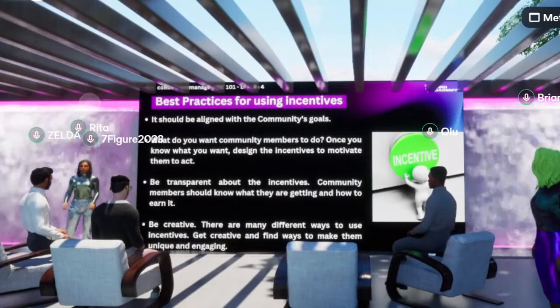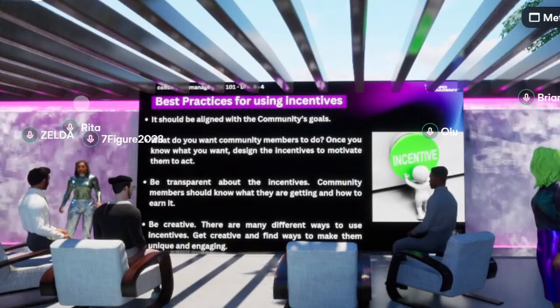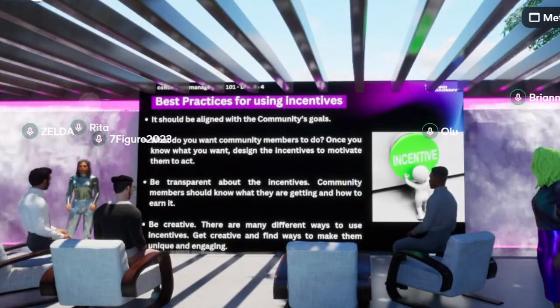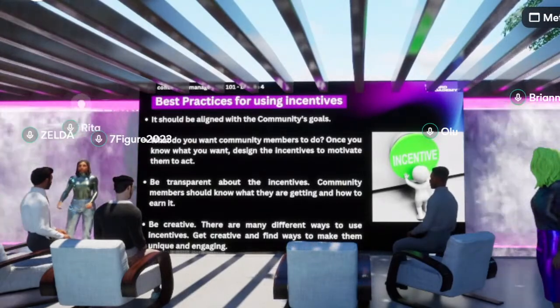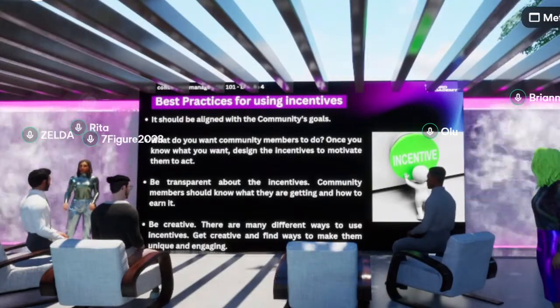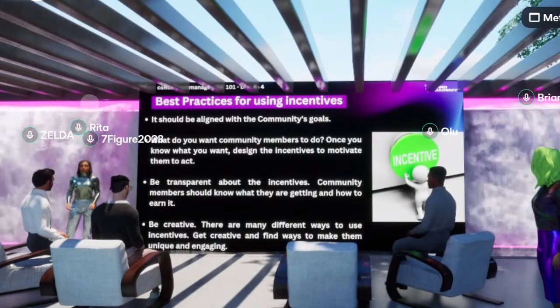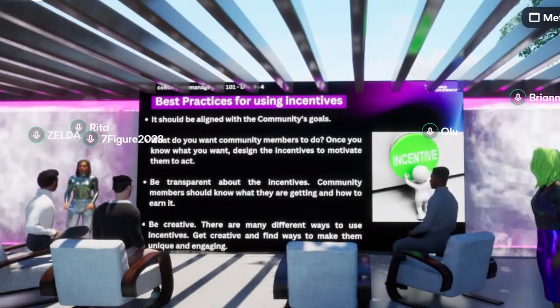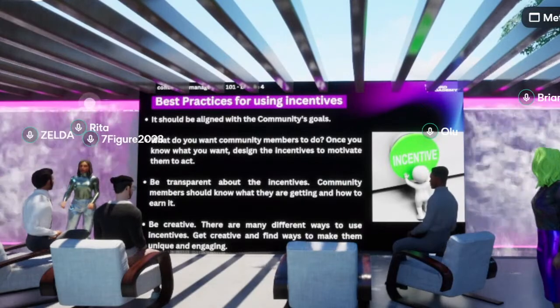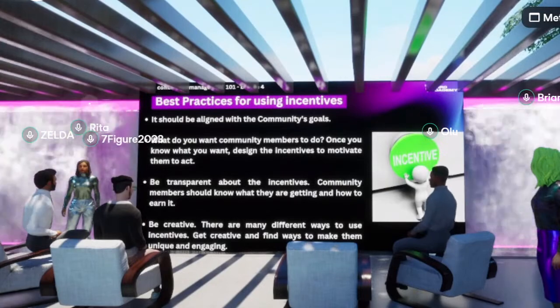If you show up, if you get to level 10, if you get to level 20, that is aligned with the goal that they have, right? So that's one. Make sure you are incentivizing the action or the behavior that you want members to take. What do you want members to do? You want them to bring in their friends, you want them to share your content, you want them to participate in discussions. That is the action that you should incentivize, right?